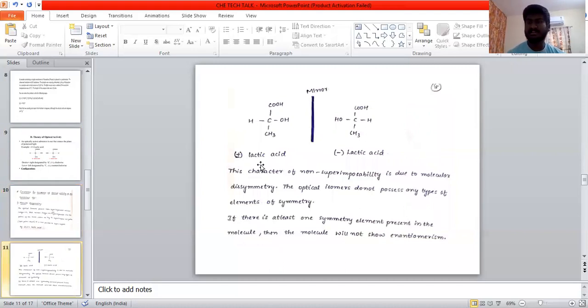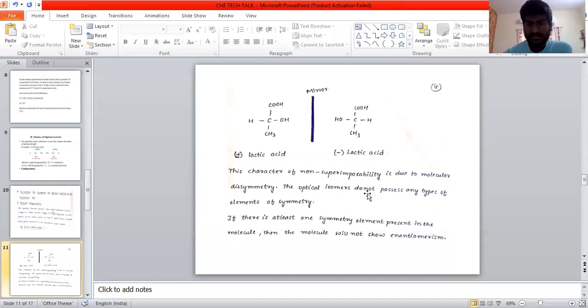Here you can see the same example, dextro lactic acid and levo lactic acid. When there is a mirror, these are not going to be superimposed on each other, because OH goes to one side in the mirror and H comes here. So this character of non-superimposability is due to molecular dissymmetry.